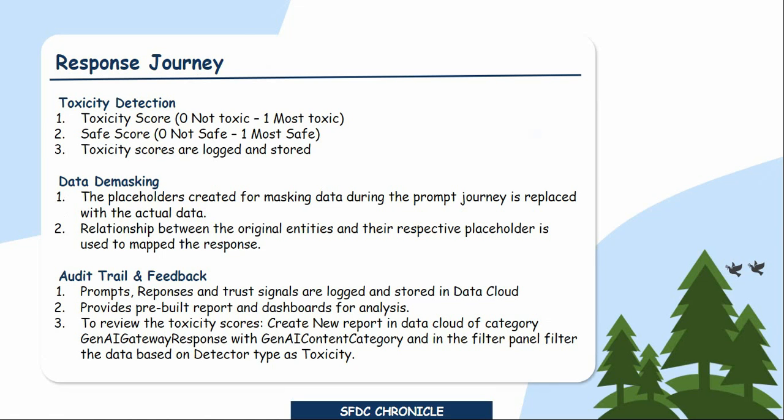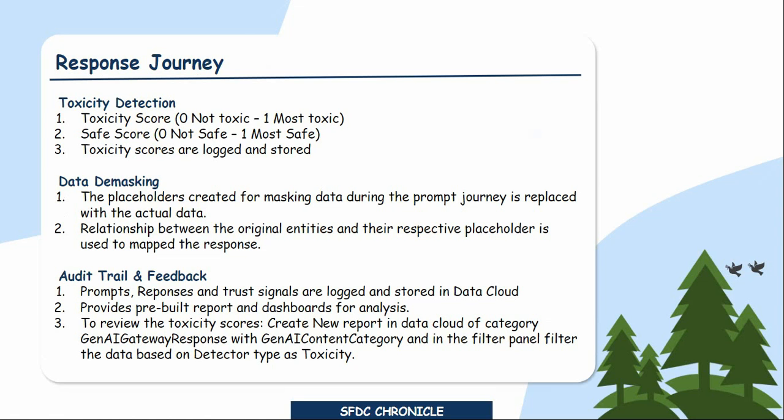This too is very important from a certification perspective, because you need to understand that 0 means non-toxic, 1 means most toxic, and 0 means not safe, 1 means most safe.